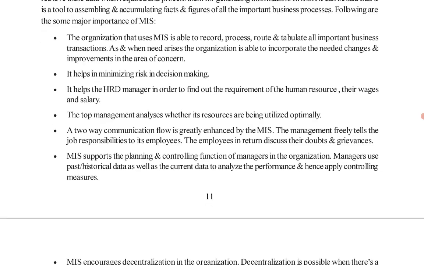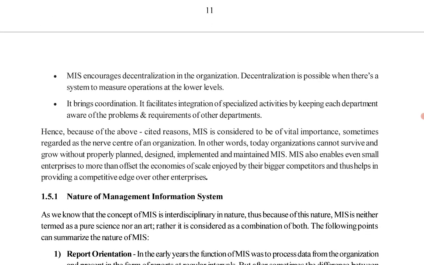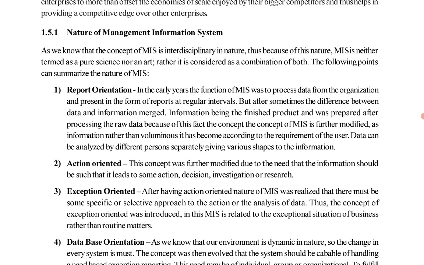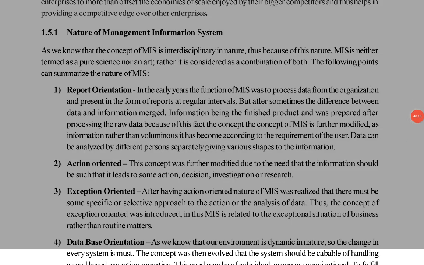Next, MIS encourages decentralization in the organization. Decentralization is possible when there is a system to measure operations at the lower levels. It brings coordination and facilitates integration. So other important features of MIS are decentralization and coordination of the people or departments.